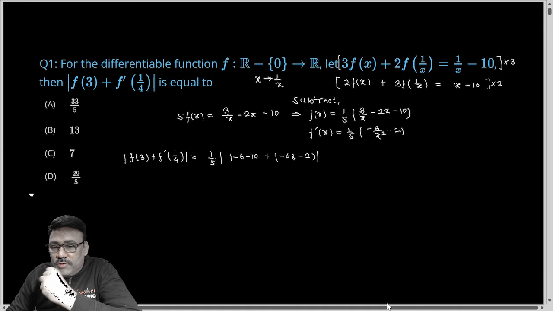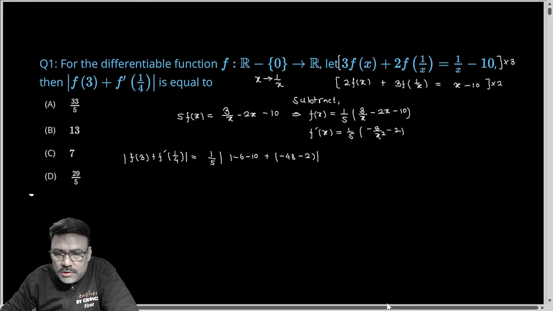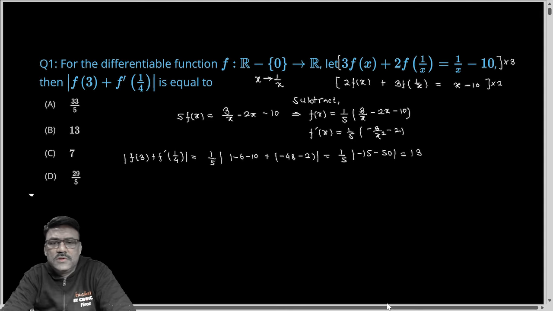Just put x is equal to 1 by 4. So minus 48 here, minus 2. Now this is 1 by 5 mod of minus 15 minus 50. So ultimately it comes out to be 13, which is the second option, right?